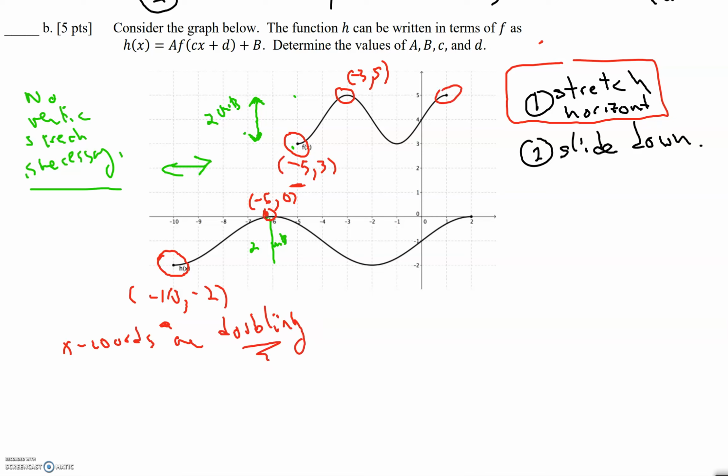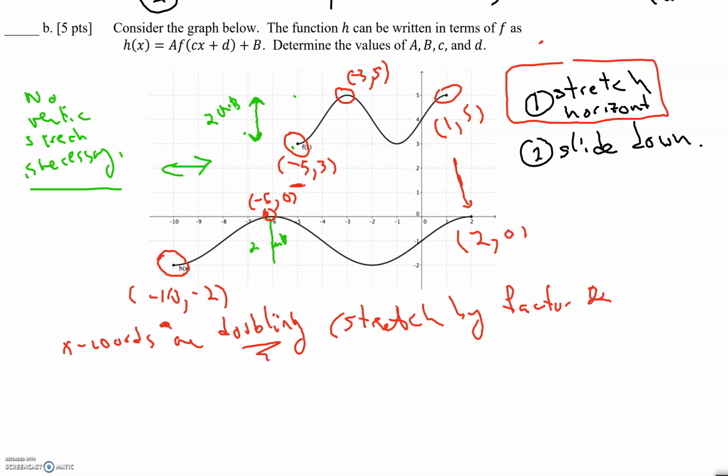What about this one? This one is at 1, 5, and it now is at 2, 0. And again, the x coordinate is doubled. So I feel comfortable saying if we stretch this by a factor of 2, then we will be moving in the right direction.